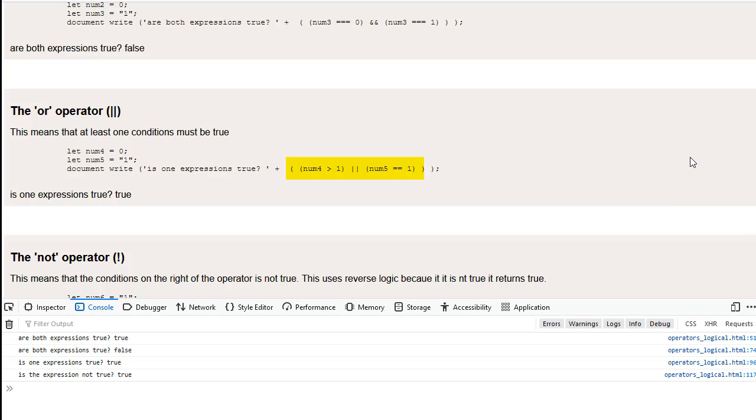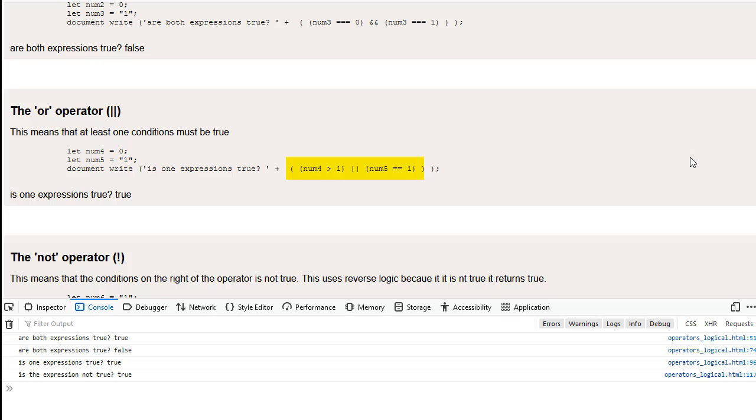When you're working with an OR logical operator, only one of the expressions has to evaluate to true, not both. So here I have num4 greater than 1. Notice I'm using the greater than comparison operator. Num4 equals 0, so it's not greater than 1. Therefore, this is going to return false.